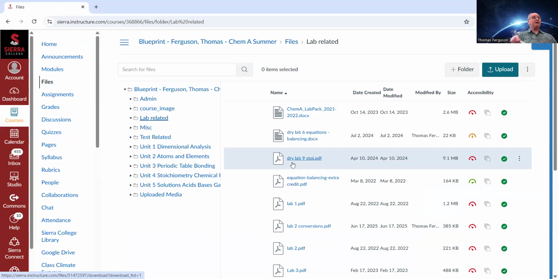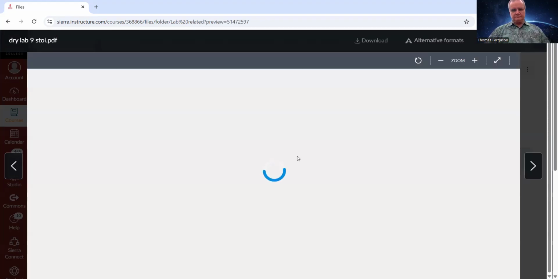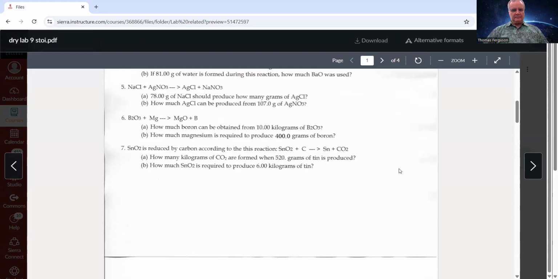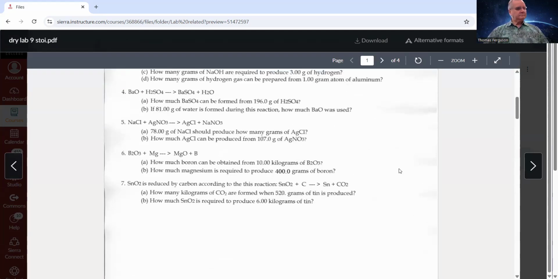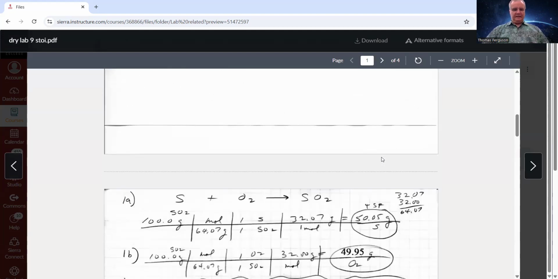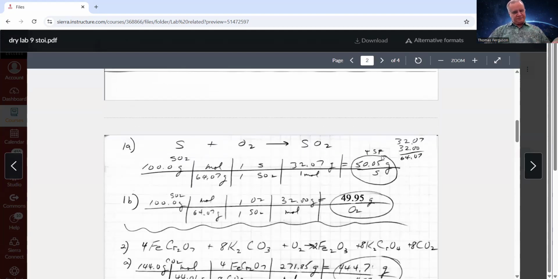And this will give you a lot more practice than that dry lab in the packet. We can just submit this in place of that? Right, exactly. And these are all the answers.